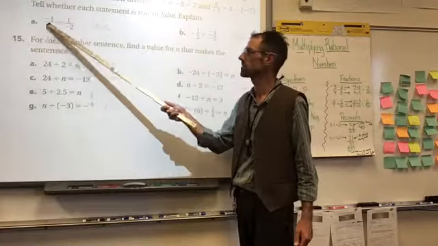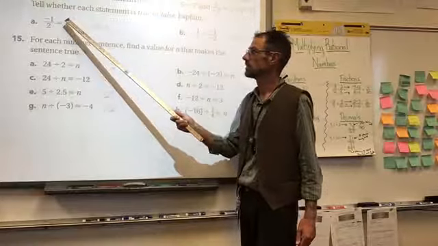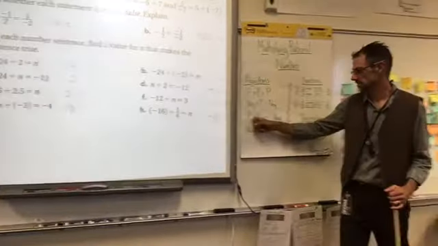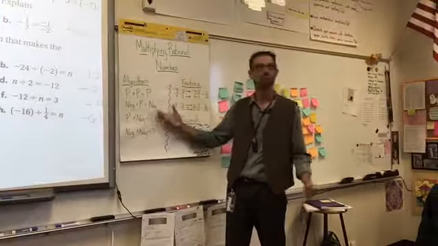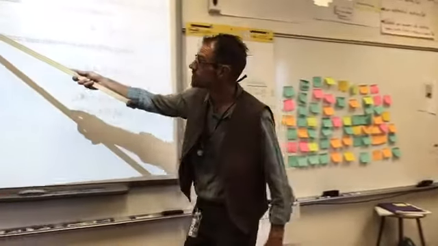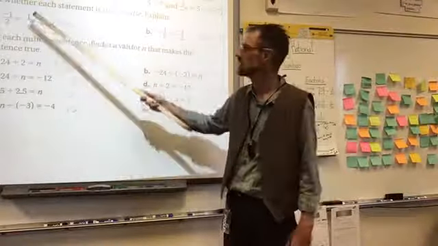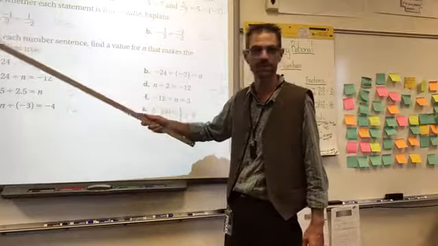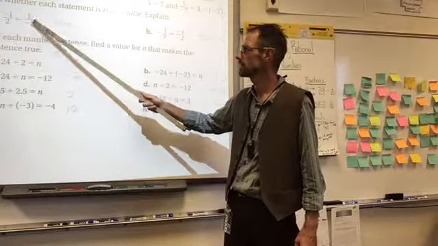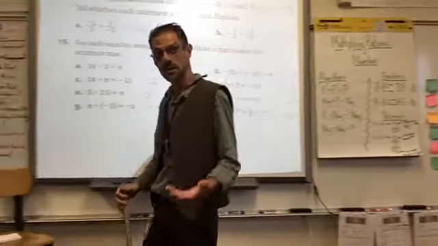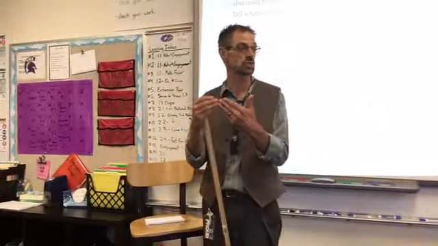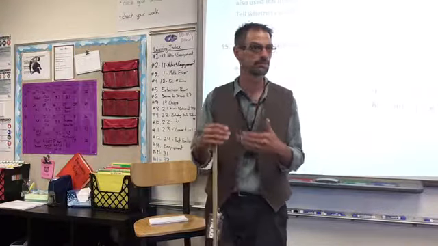So we have negative 0.5. Here we have a positive divided by a negative. What does it equal? Negative. So if I was to take these negatives away, I have 0.5 and 0.5. But because one negative factor, negative 0.5, negative 0.5. That's a true statement that those are equivalent.